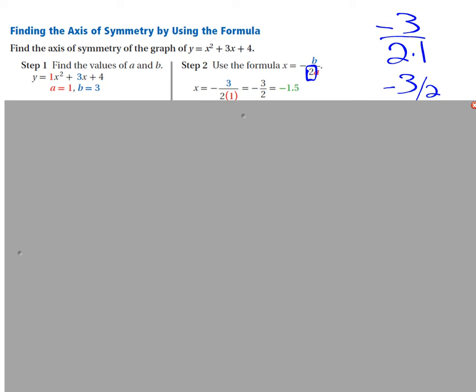Okay. So that should be halfway between our two factors that give us x squared plus 3x plus 4. So what multiplies to positive 4 and adds up to 3? Does that work?